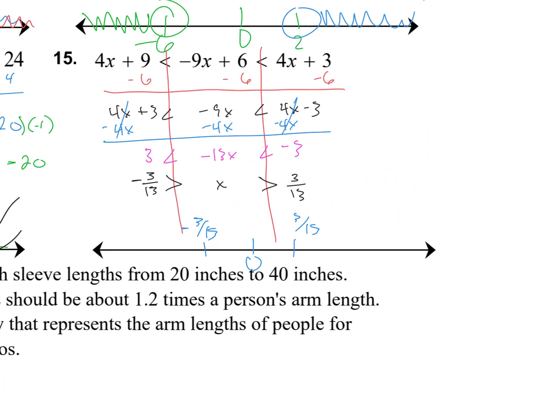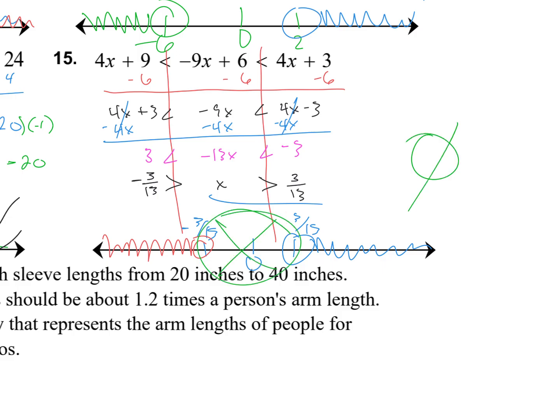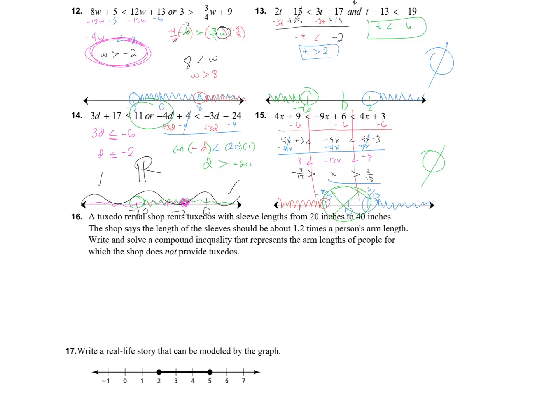If I graph this one, I'm graphing less than, because this number is greater than x. I did that a little out of order. And then this one over here is x is greater than, so here it is. And there's no overlap, so we have no solution.